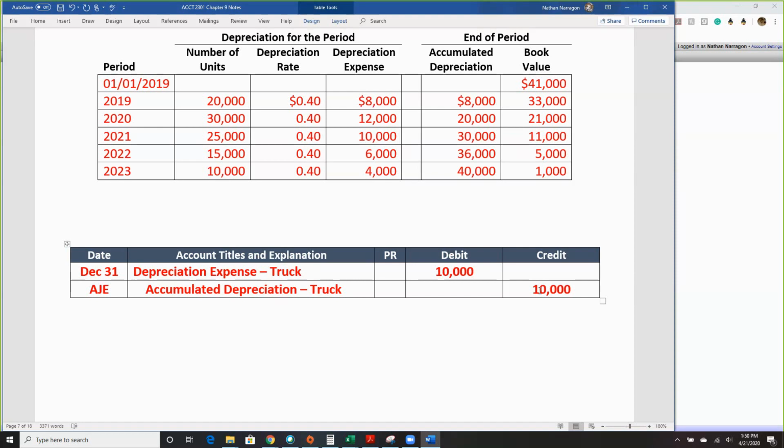This is keeping you up to date with your balance. Okay? So if your accumulated depreciation does not balance to this chart, then we have a problem. So we'll have to double check. Okay. How do y'all feel about units of output? Any questions related to how we calculated everything?